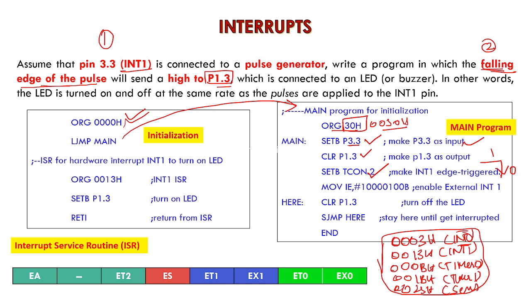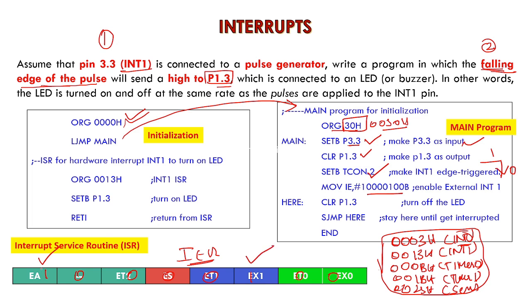Then you want to enable the external interrupt, right? To enable the external interrupt, you want to go to your interrupt enable register. Okay, this is very important. See here I have filled this value, whatever is given here: 1 0 0 0 0 1 0 0. So you can see here this is enabled, this is enabled.